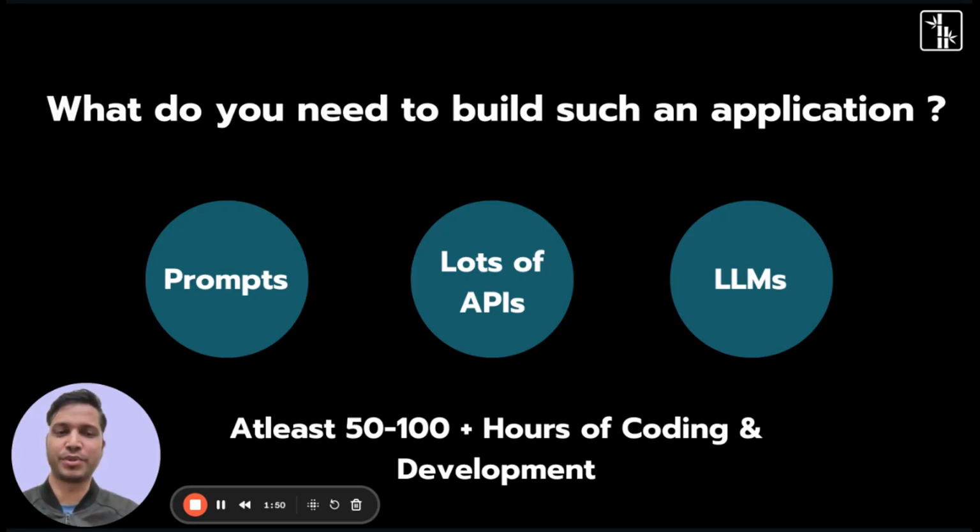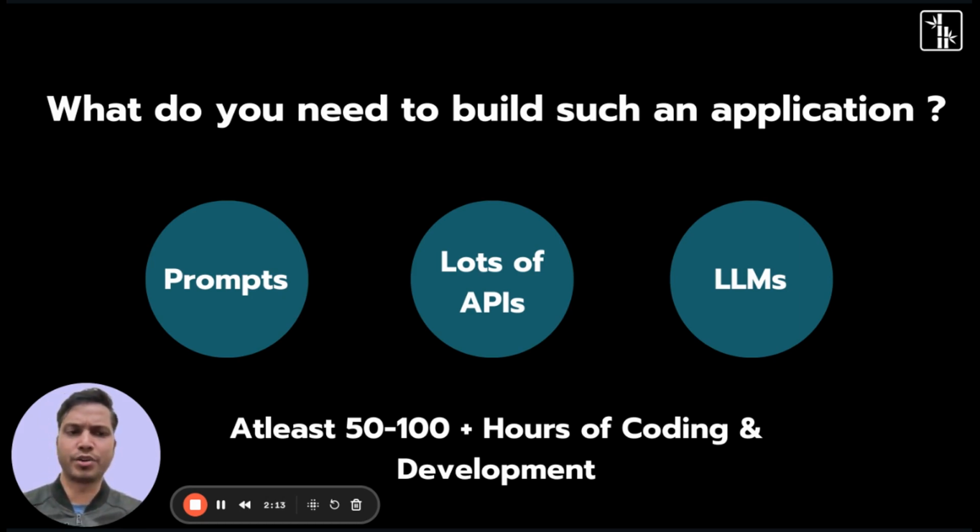So what do you think? We need to build such an application. First is some well-written prompts, APIs to enable logics, LLM integration, inference, etc., and definitely a large language model, and some paid subscriptions to use these features.